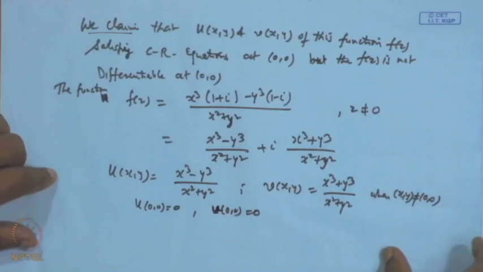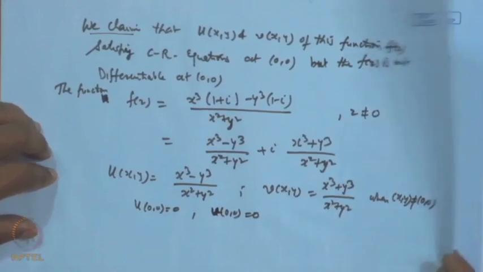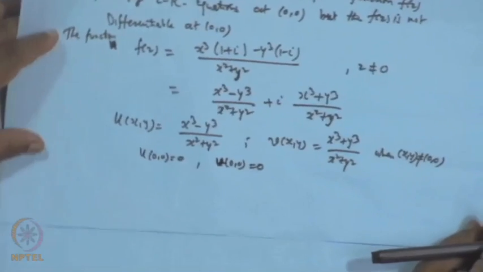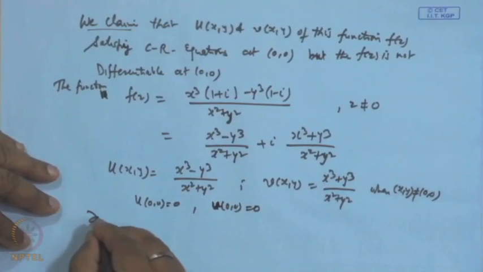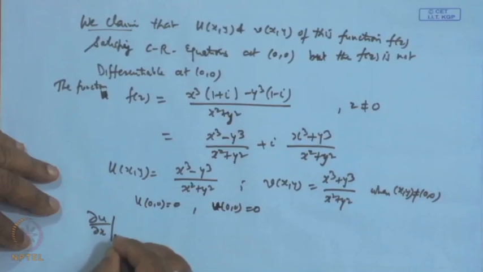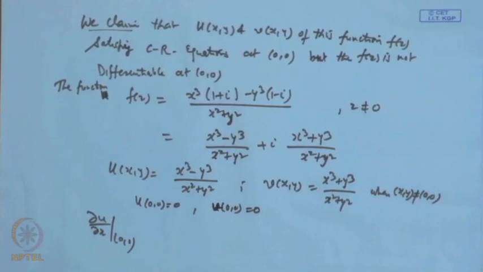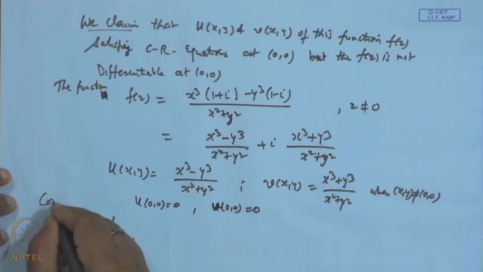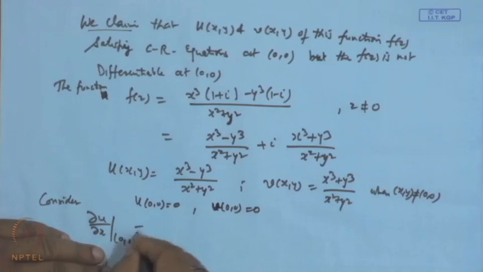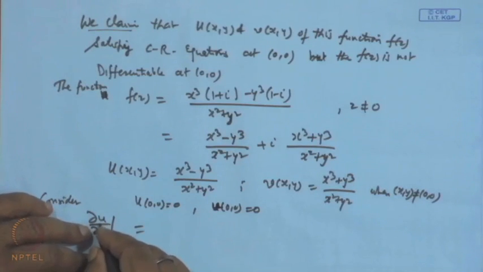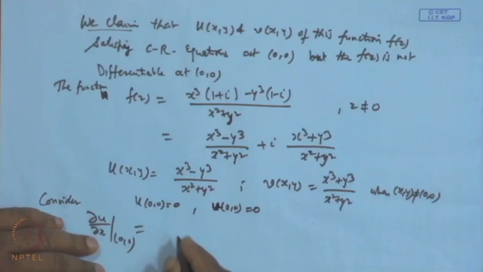It means the partial derivatives of u and v must satisfy that condition. So, what are the partial derivatives? Let us see what is del u over del x at the point 0 0. By definition, we are differentiating u partially with respect to x at 0. So, there will be change in the x variable only.